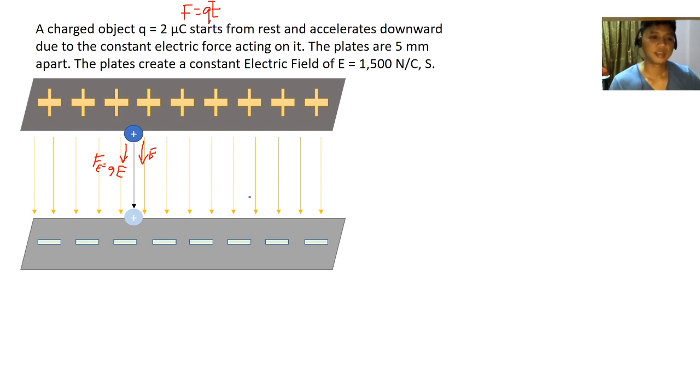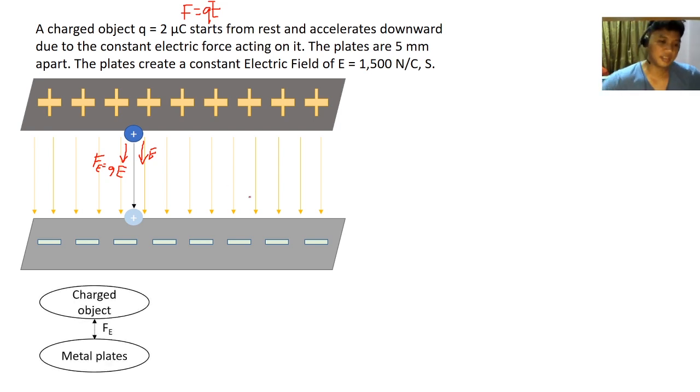Okay, let's draw the system schema for this. Actually, the system schema is just composed of the charged object, this little blue circle, and the metal plates. And actually, the metal plates and the charge object, they interact with the electric force.